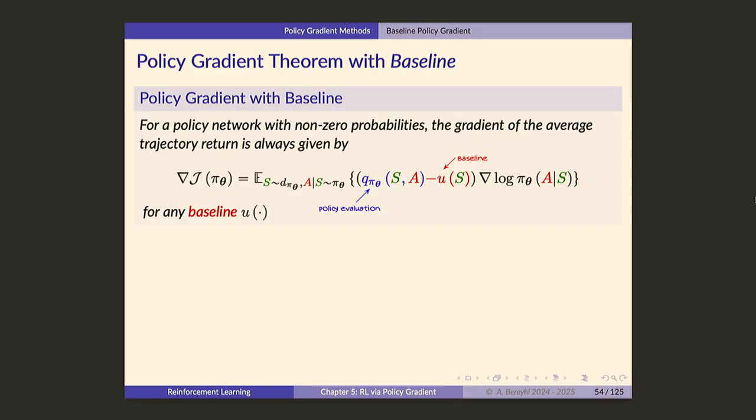Still, you are just working with the gradient of log likelihood, right? But for the term that is getting multiplied, you now have this degree of freedom to shift it as you wish, right? Clear? So you can shift it as you wish, and this U term is what we call the baseline.